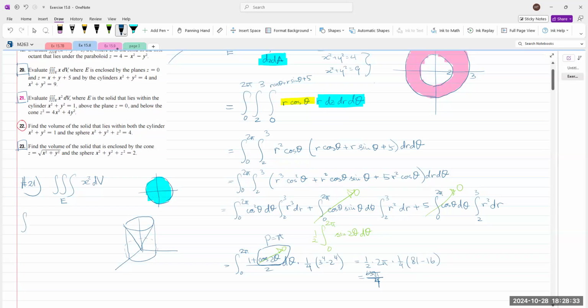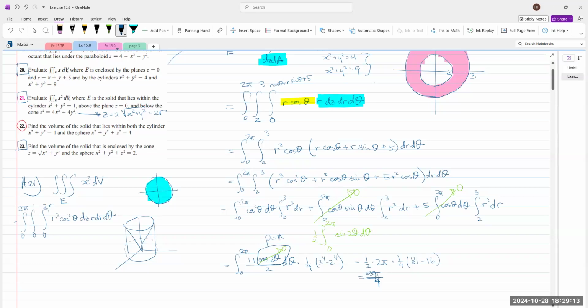Okay, so the outer two integrals are set from 0 to 2 pi, 0 to 1, right? And as for the z, that will be from z equals 0 to z equals the square root of 4, that's 2 square root of x squared plus y squared, which is 2r. x squared is r squared cosine squared theta, dz r dr d theta.